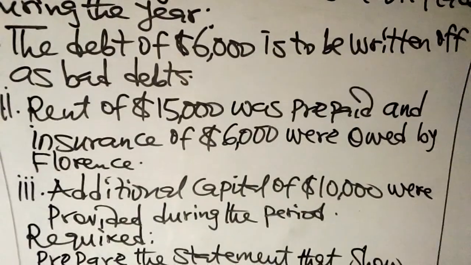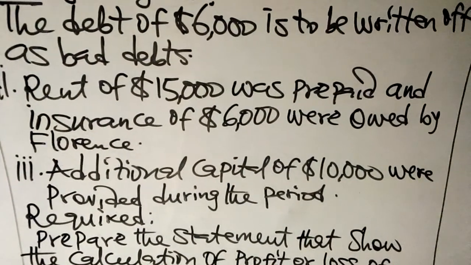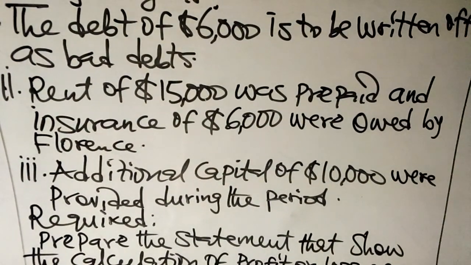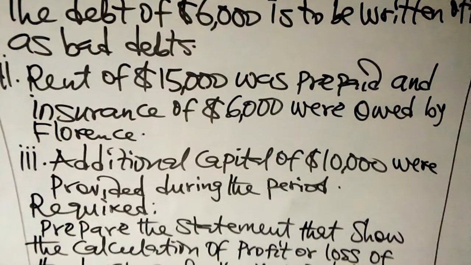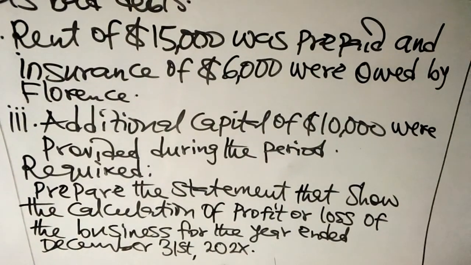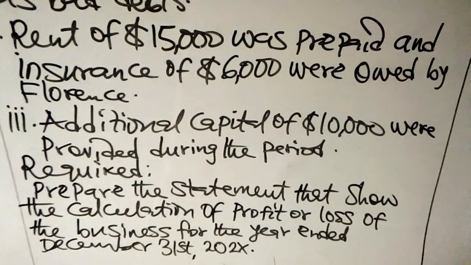Three, additional capital of $10,000 was provided during the period. Required: prepare the statement that shows the calculation of profit or loss of the business for the year ended December 31st, 22X. That is the question.